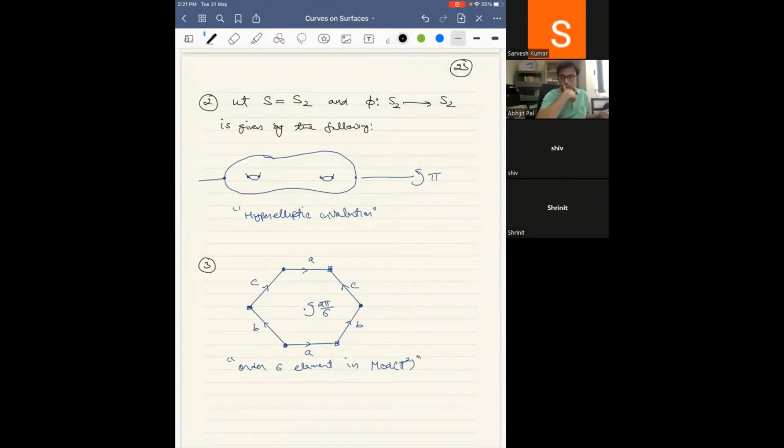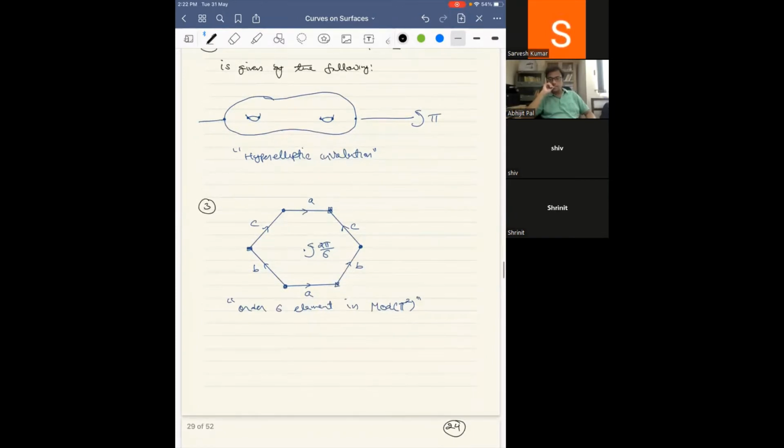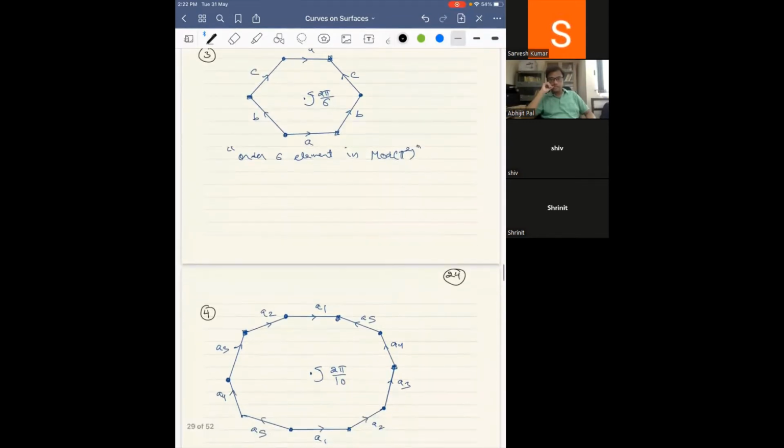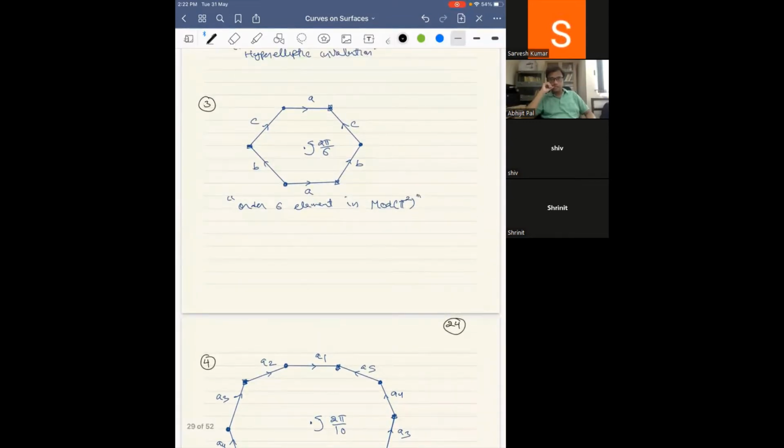So we also discussed this order 2 element, which is a very important element, the hyperelliptic involution, and in a way it is also special that it comes from an automorphism of R3. You are embedding your surface in R3 and looking at it, so this is in some sense special. Then this order 6 element on the torus we also discussed, and as we discussed in the beginning, this is a non-trivial element because you look at the action on the curves.